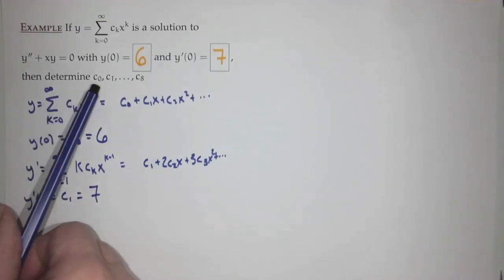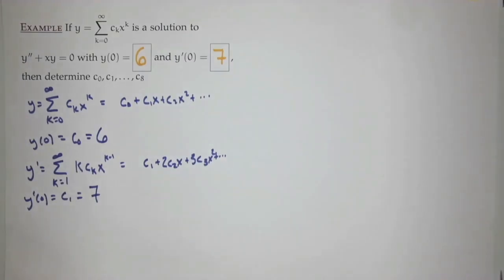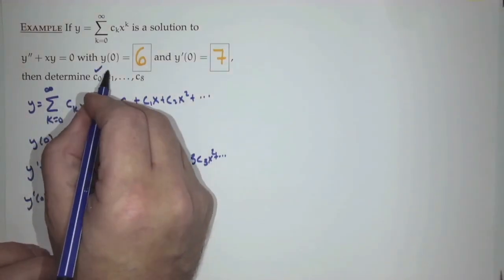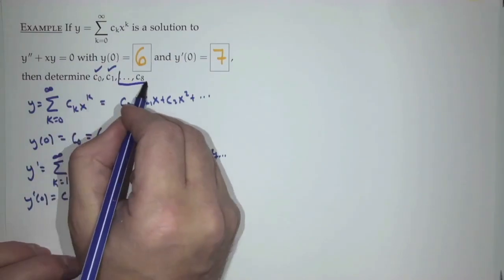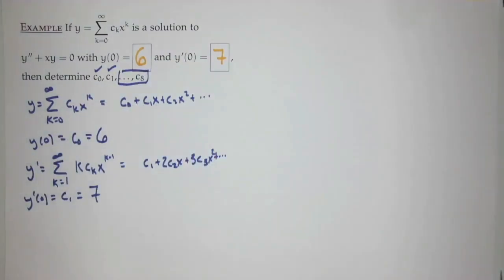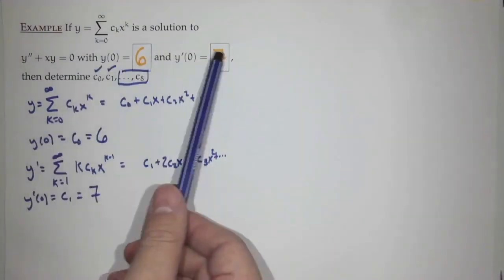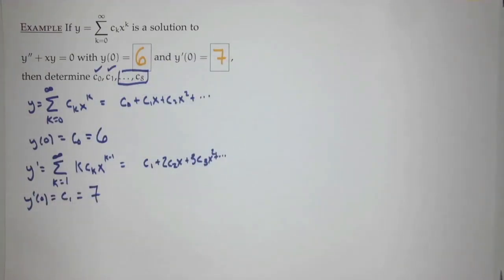We've gotten 2 parts of our answer. So we've got the C0, we've gotten the C1. Now it's just this part that remains. So in essence, when they give you initial conditions in terms of the series solutions, it's basically saying, how does your series start? Okay. I suspect the next few terms are going to be the more interesting ones.